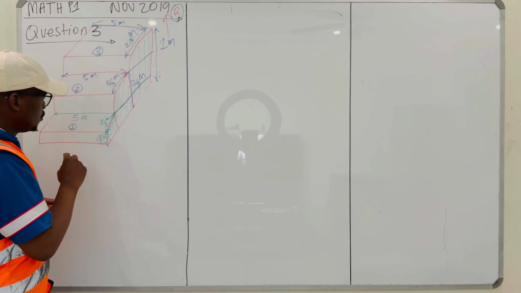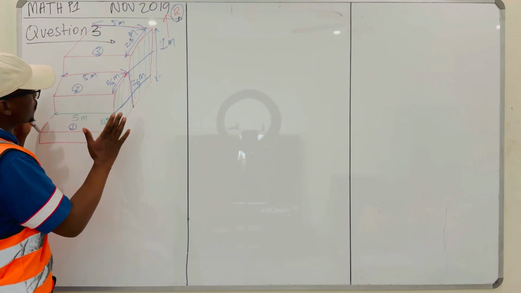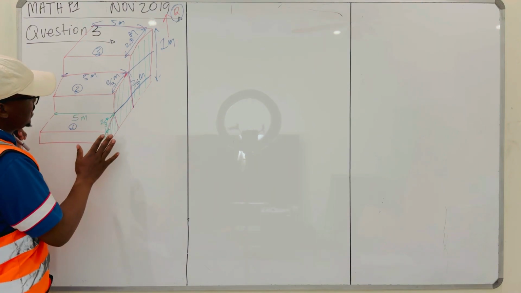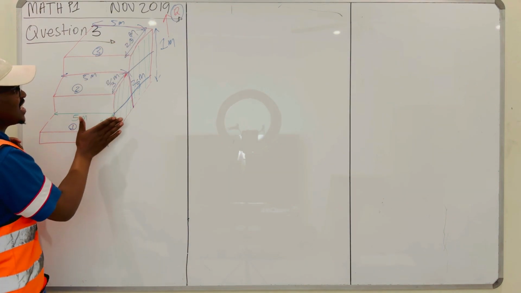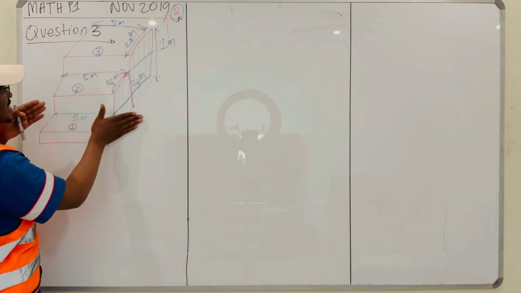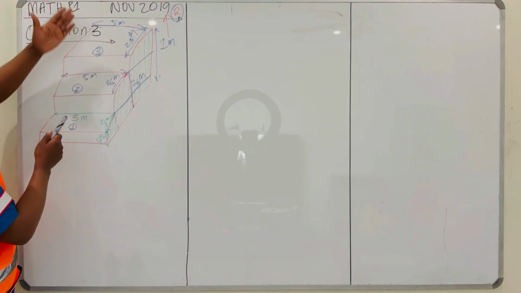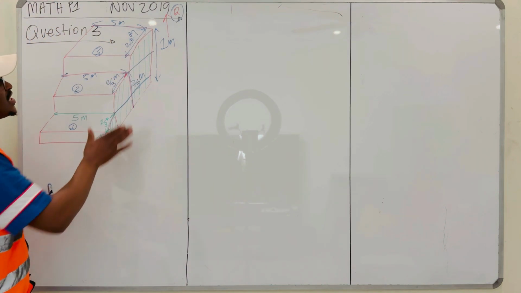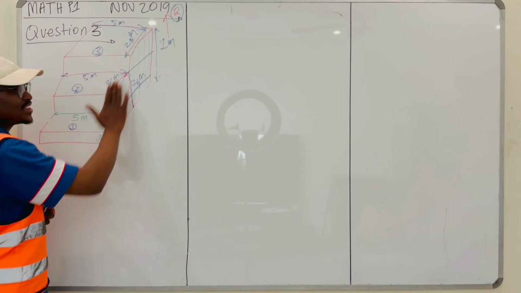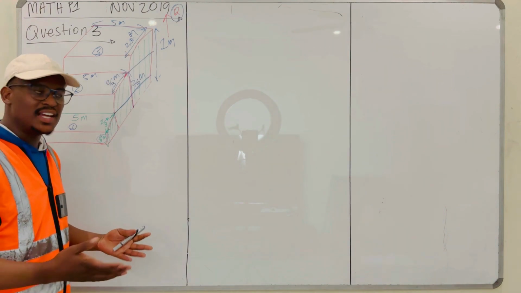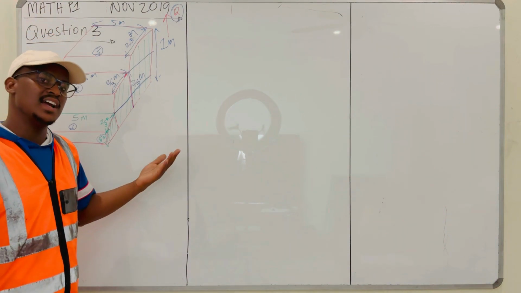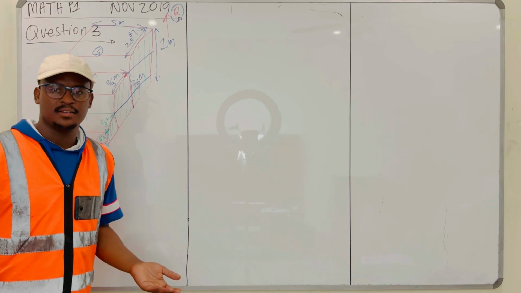So what they want us to do is find the area of the metal sheeting that we need to cover this side and this side. So this side is shaded, is open, and so is this side. So we just need to find how much we need for this side. Then whatever we need, we're going to double it for the other side because they're both open in the exact same way.